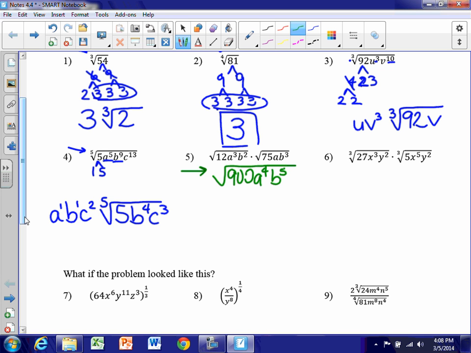Now, yes, I could go back to 12 and 75, or anytime I see something with 100, I do 9 and 100. And I know that they are both perfect squares. So I have a pair of 3s and a pair of 10s, and when I multiply them together, that means I get to take out a 30. Okay?